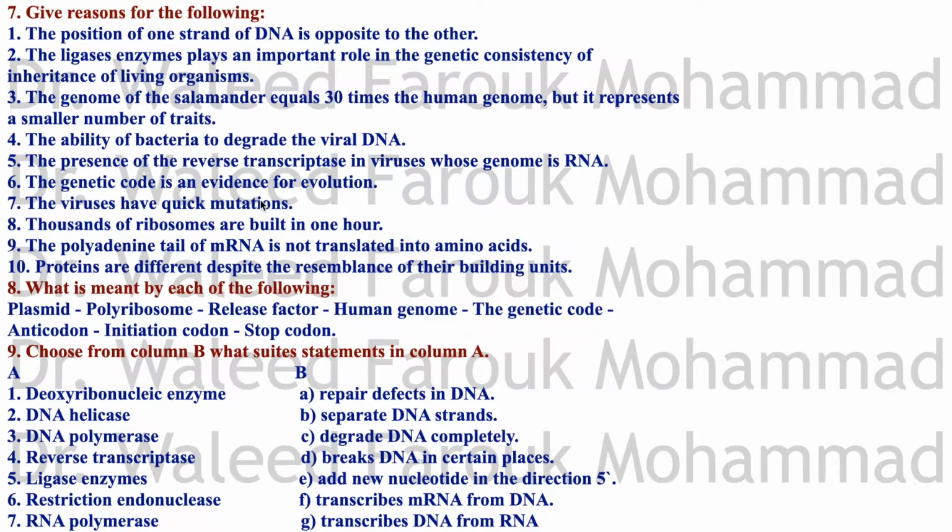The genetic code is an evidence of evolution because the same codons are translated into the same amino acids in all living organisms on Earth. Okay, the viruses have quick mutations because the genetic material of these viruses consists of a single RNA strand, so if damage of the RNA strand occurs, it cannot be repaired.